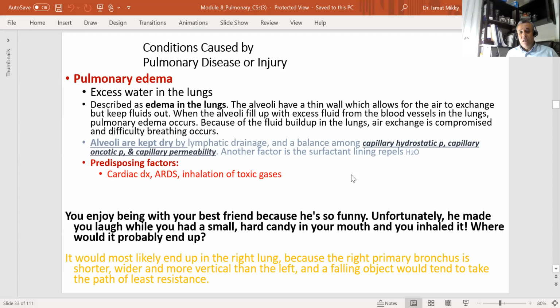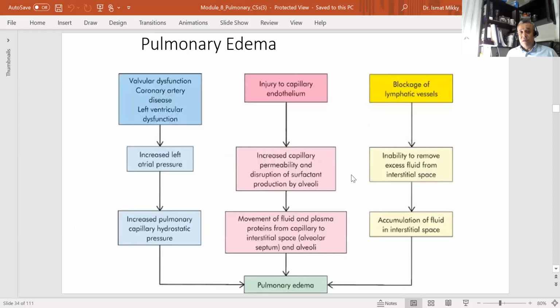And the precipitating factors, what would predispose or precipitate this disease, are mostly cardiac, like CHF, for example, acute respiratory distress syndrome, ARDS, and inhalation of toxic gases. These are the factors that will result in pulmonary edema.